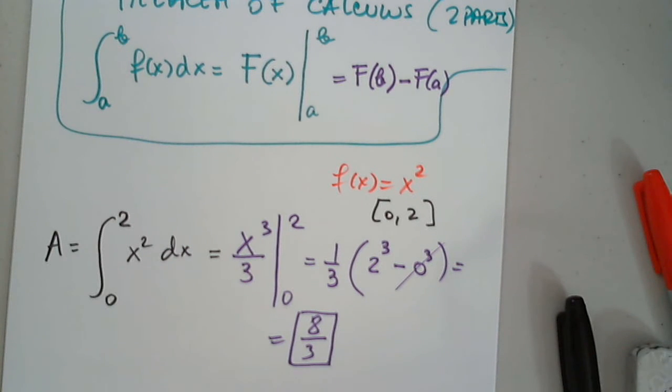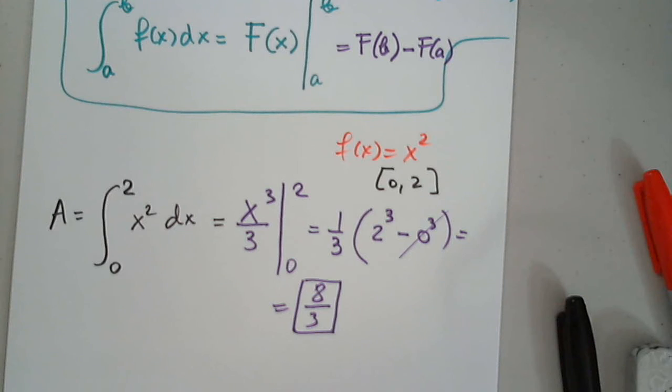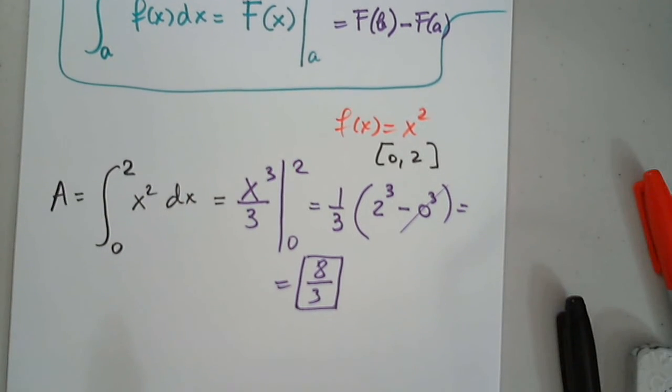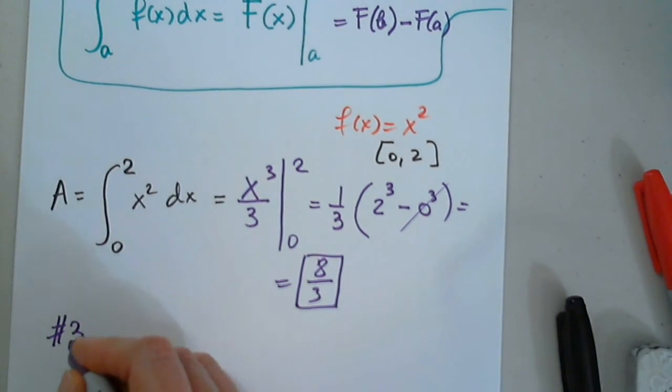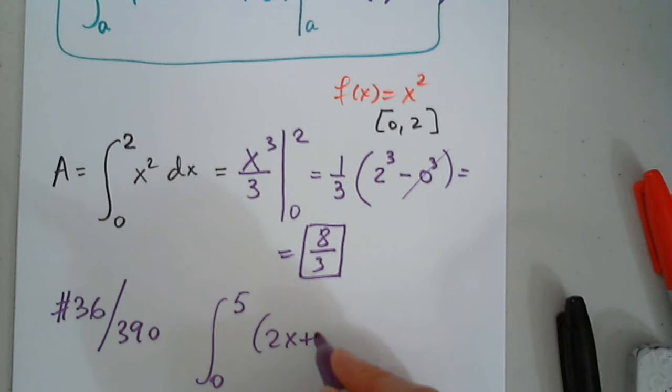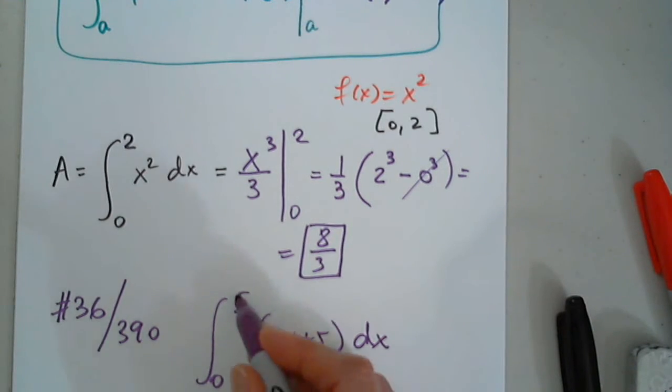Okay, let's practice definite integrals now. Let's say 36 on page 390. The integral from 0 to 5 of 2x plus 5 dx.